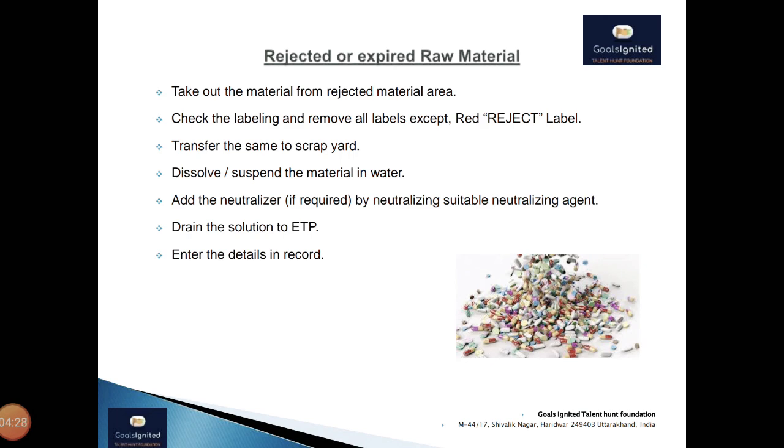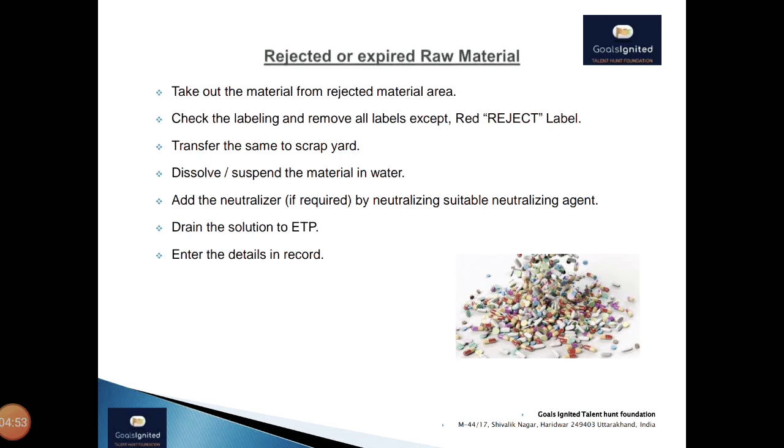Then check the labeling and remove all labels except the red reject labels. All labels means the manufacturer label and the previous labels pasted on the container or bags are required to be removed, except the reject label posted by quality control and authorized by the QA department stating that the following materials are rejected.